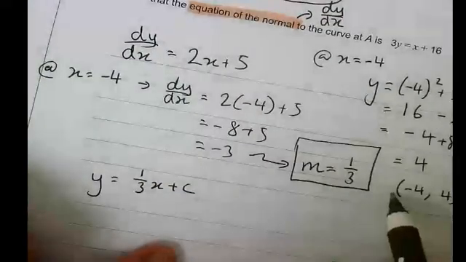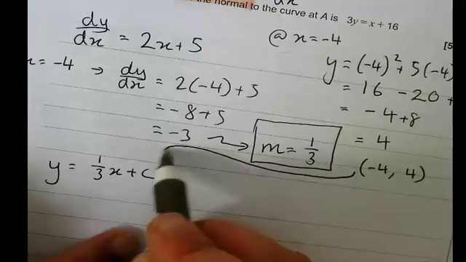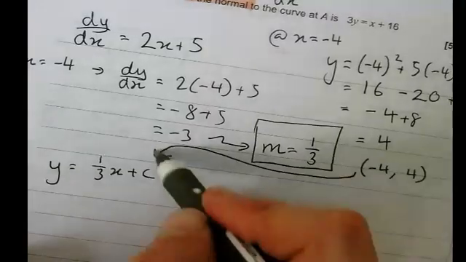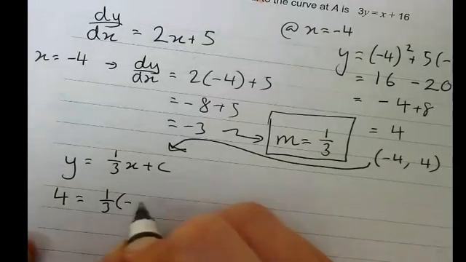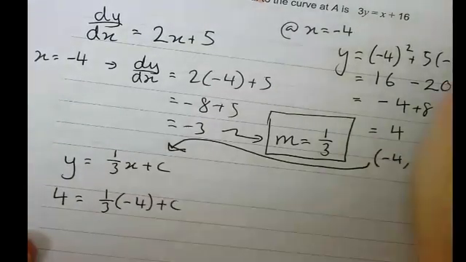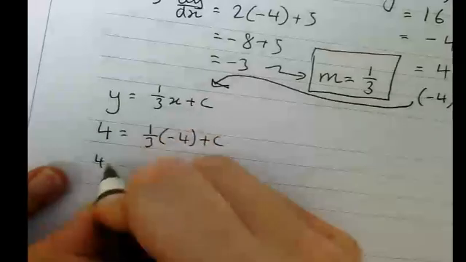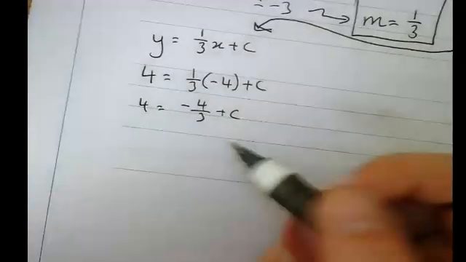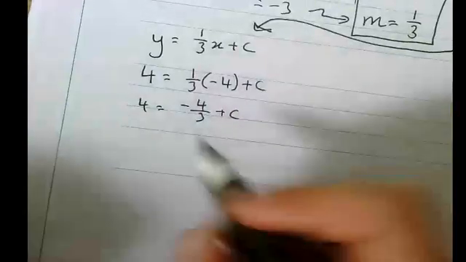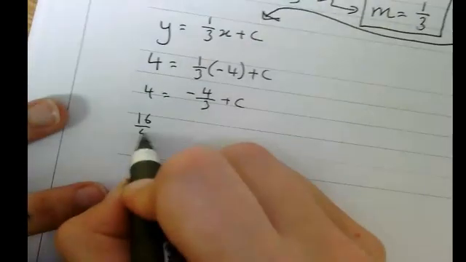I can now substitute that into my y equals mx plus c to work out c. So I've got 4 equals 1/3 times negative 4 plus c. So 4 equals negative 4/3 plus c. Adding 4/3 on both sides, I'm going to write this as 16 over 4.